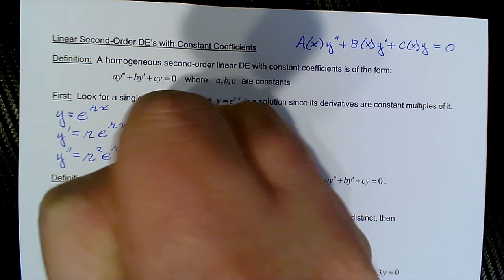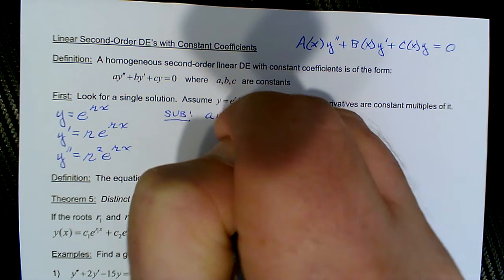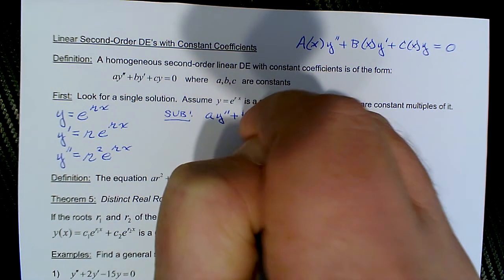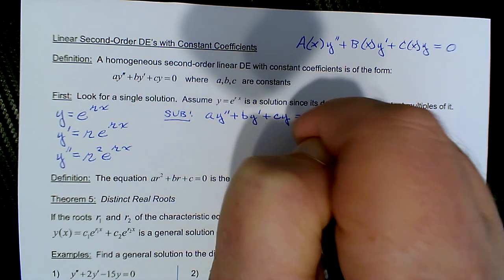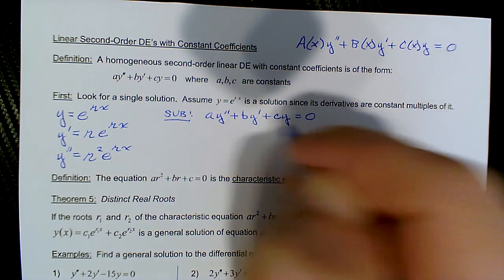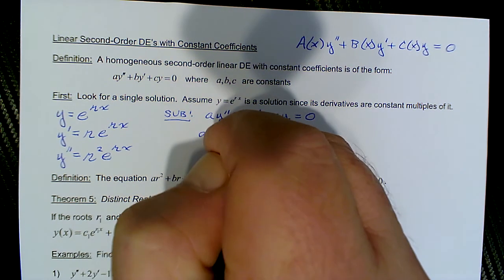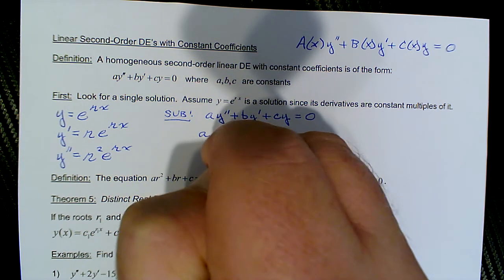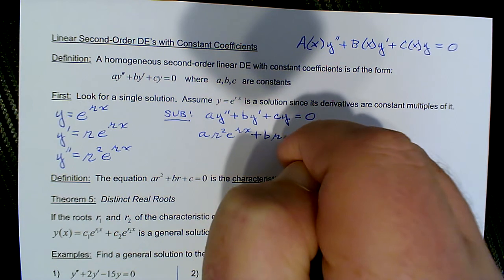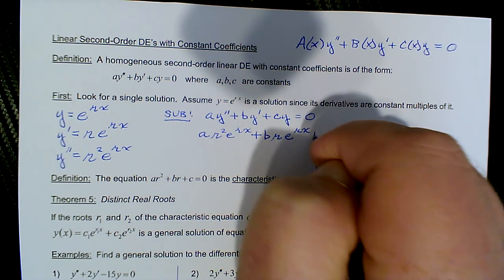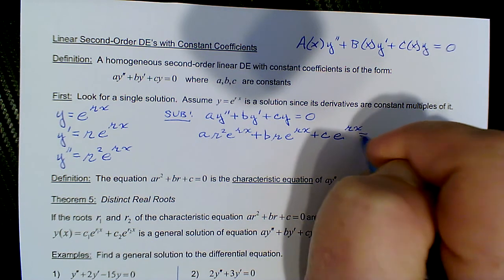And then if we make a substitution into our linear second-order differential equation with constant coefficients, we get a times y double prime, which is r squared e to the rx, plus b times y prime, which is r e to the rx, and then plus c times y, which is just e to the rx, must be 0.